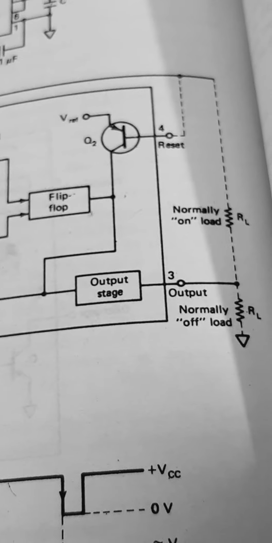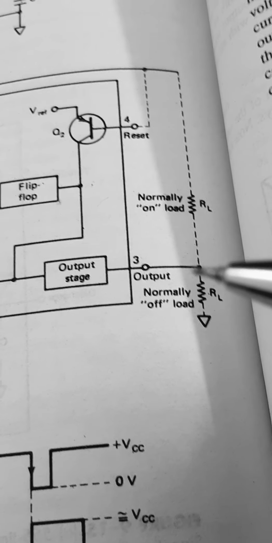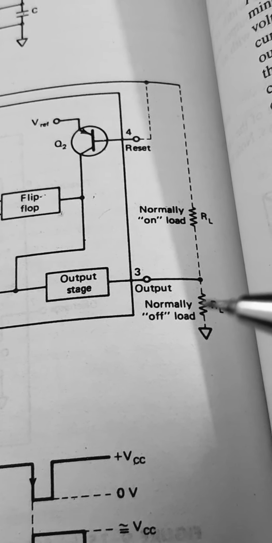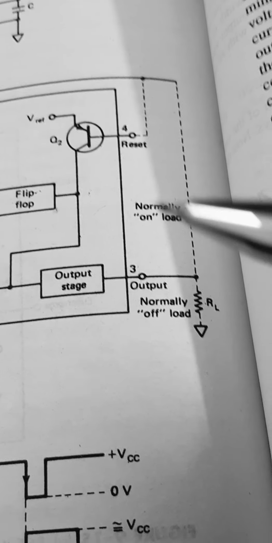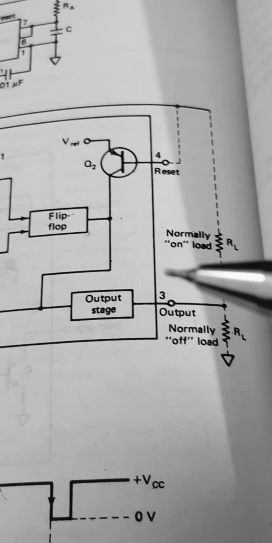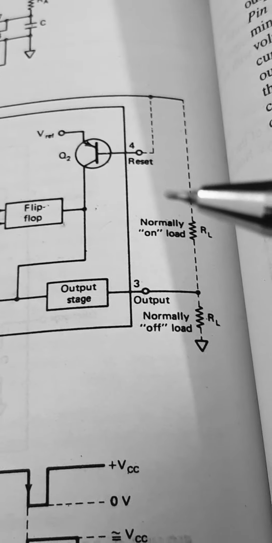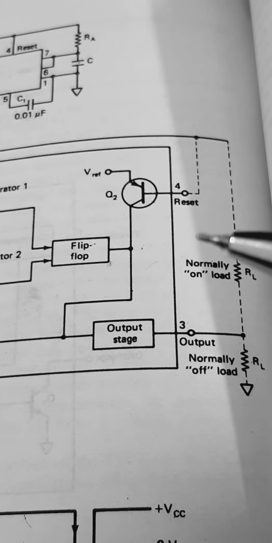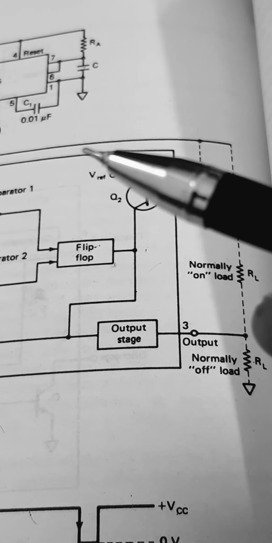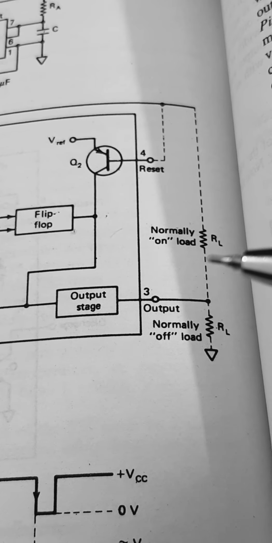Now if the output is low, and the load is normally on, then the current flows from VCC to the output through the normally on load.